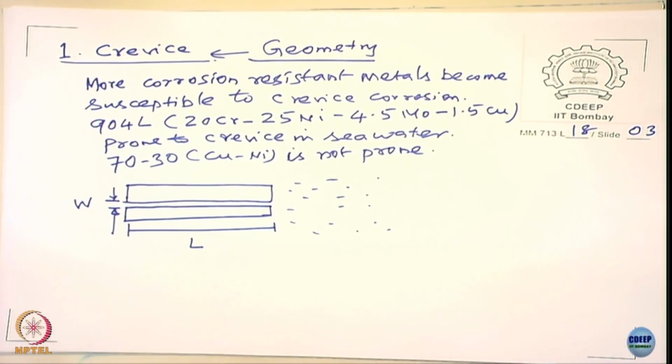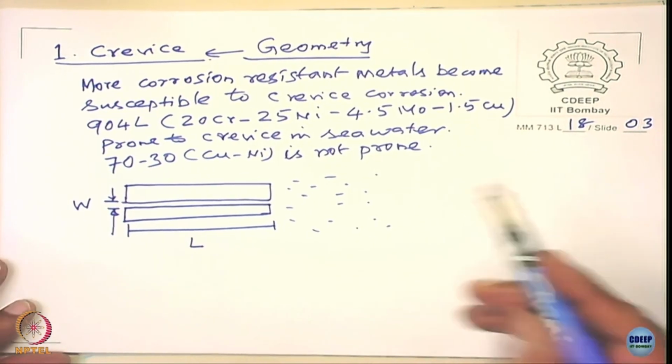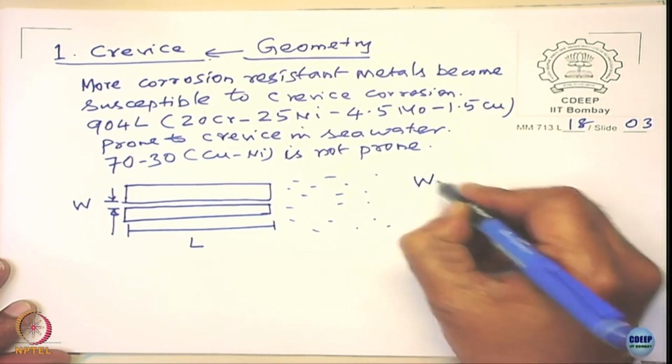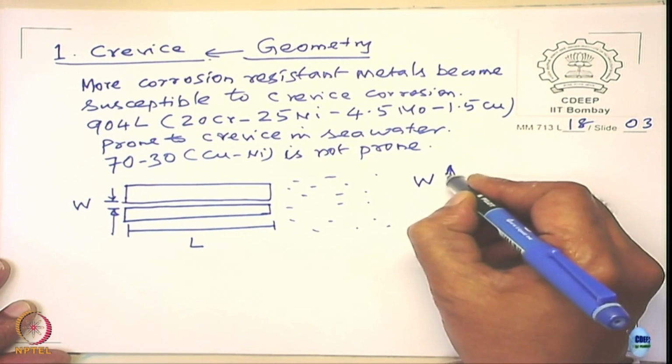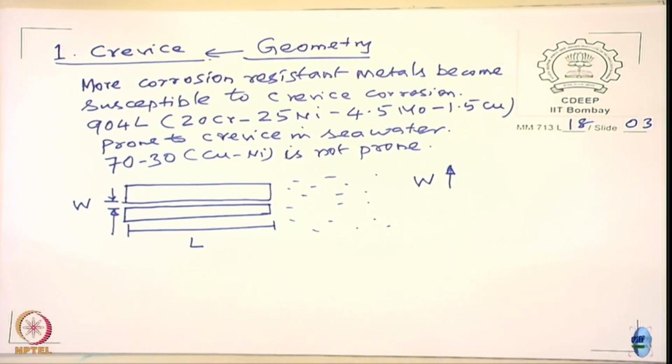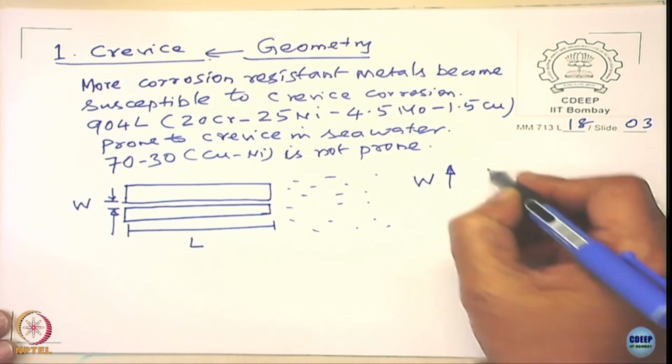Let us look at this, and you please tell me. Let us take the width W. If the width is increasing, what will happen to crevice corrosion? Yeah, the crevice corrosion will decrease.